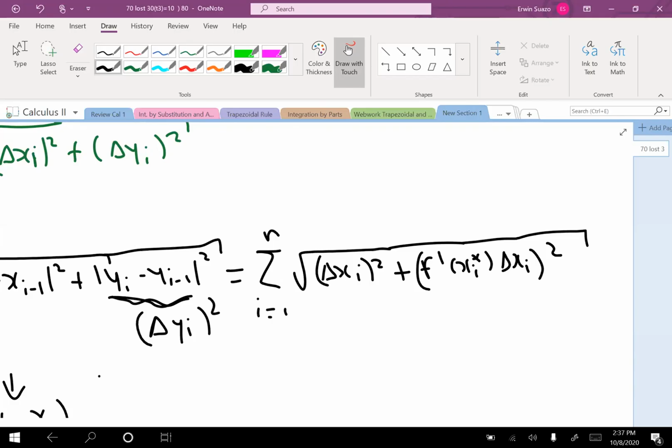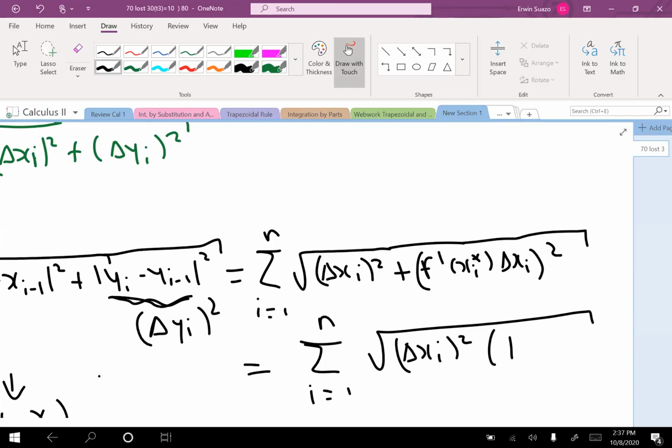Now I factor the delta xi squared, so I get the sum, i equals 1 to n, of delta xi squared times 1 plus f prime of xi star squared. Because delta xi has a square and is in the square root, I can take it out.